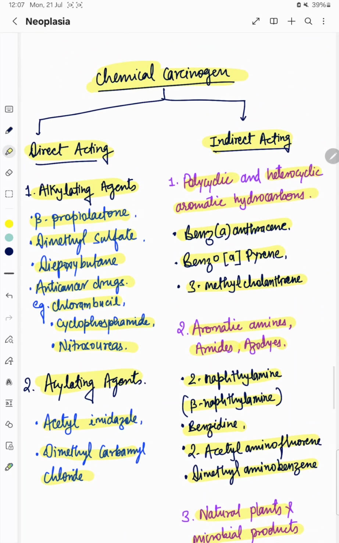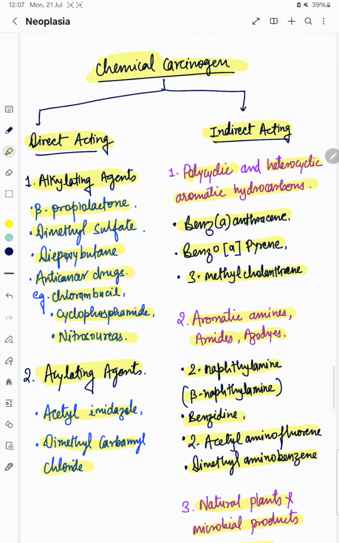So majorly we have discussed the two categories of chemical carcinogens, directly acting and indirectly acting. Now we will see the various chemical carcinogens and associated cancers. Although this is a long list, you need to keep on revising and memorizing these chemical carcinogens, as direct questions can be asked from these lists.